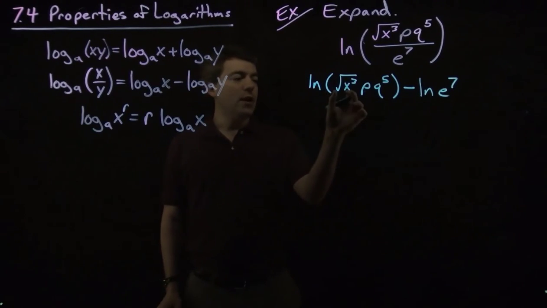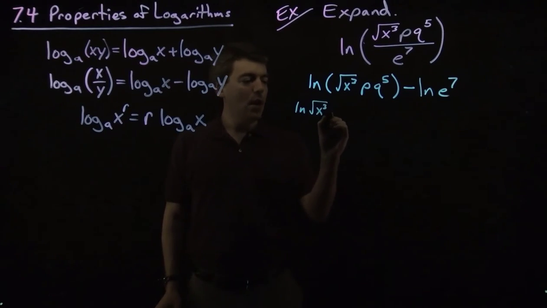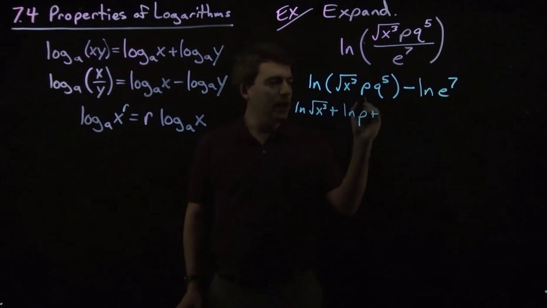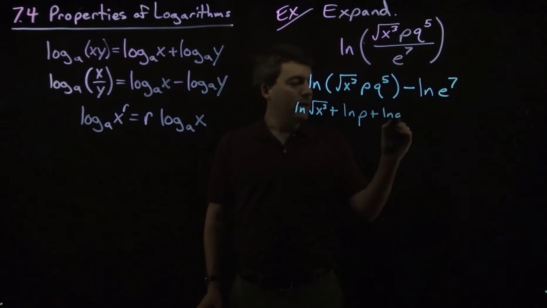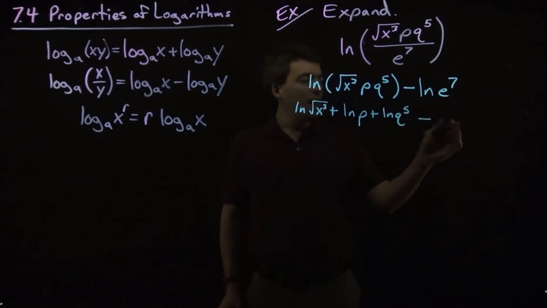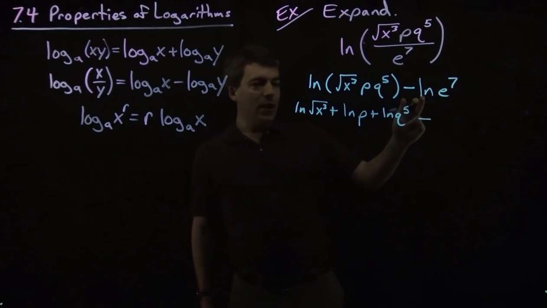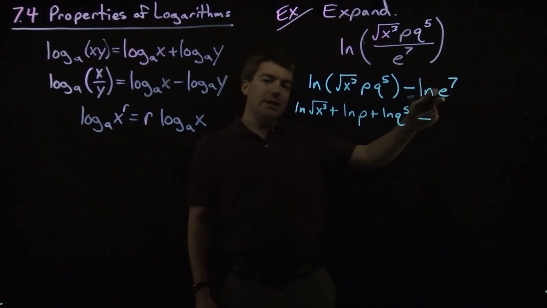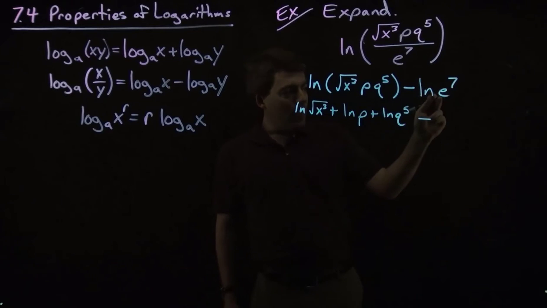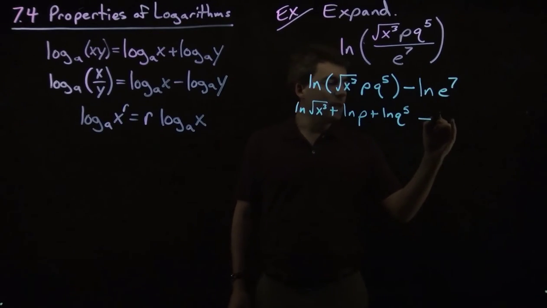So we'll have the natural log of the square root of x cubed, plus the natural log of p, plus again the natural log of q to the 5th, minus, and now we have the natural log of e to the 7th. We'll recall that the natural log and the exponential function base e are inverses of each other. So if we take the natural log of e to the 7th, we're left with just the exponent, 7.